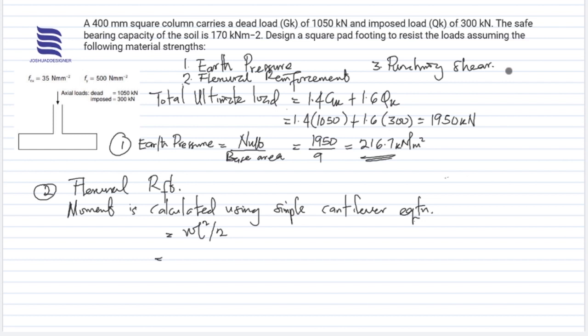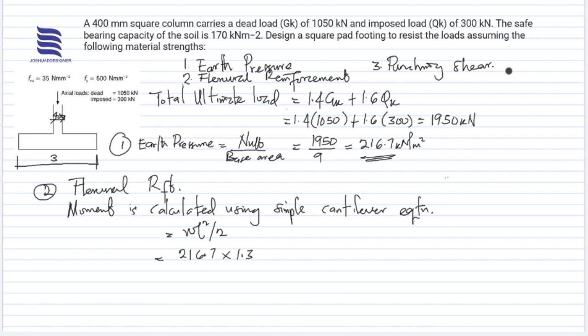So in this case we would have 216.7, which is the pressure obtained here, multiplied by the length, which in this case will be 1.3. What we obtained in the area gave us a 3 meters by 3 meters pad footing, and the thickness of our column is 400.